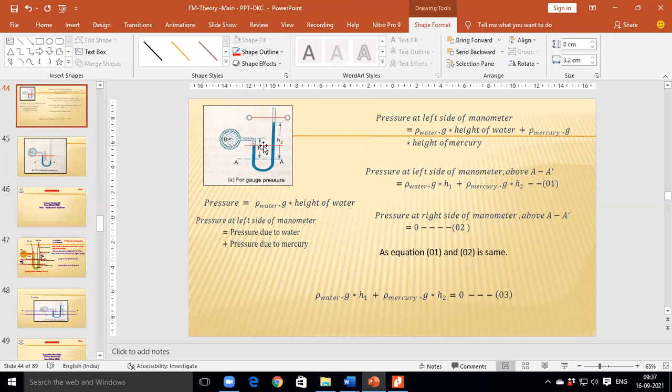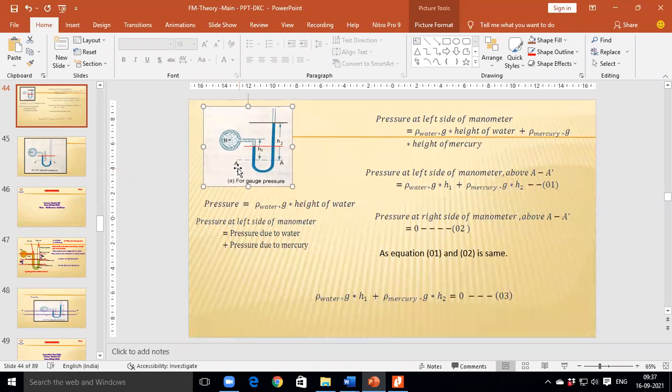There are these three lines. You can call them three different lines. This A dash line passes through the lower level of mercury in the left limb. This line passes through the surface of mercury in the right limb. So there are three horizontal lines as far as this figure is concerned.